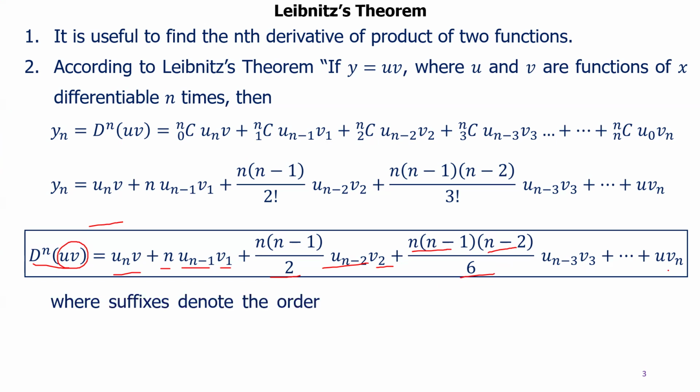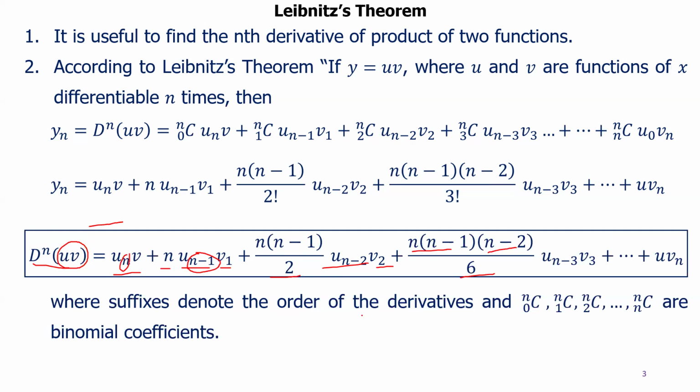The suffixes denote the order of the derivative, and nC0, nC1, nC2, nCn are the binomial coefficients of u and v.